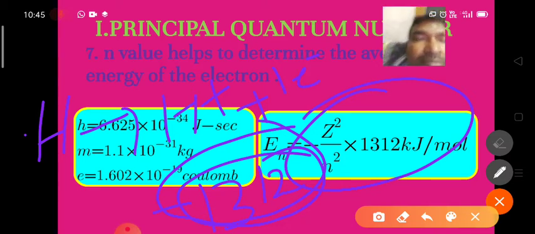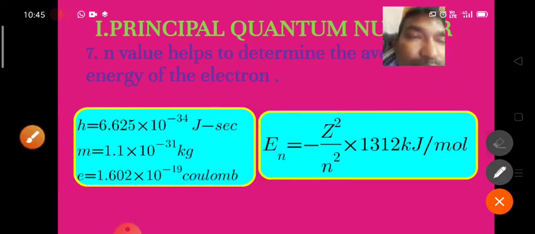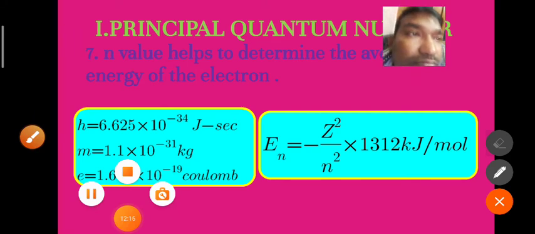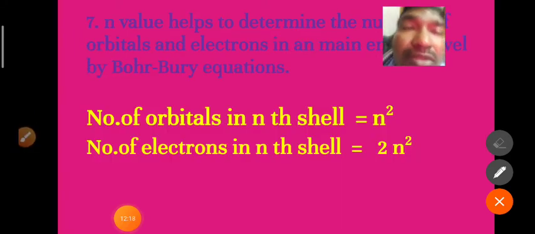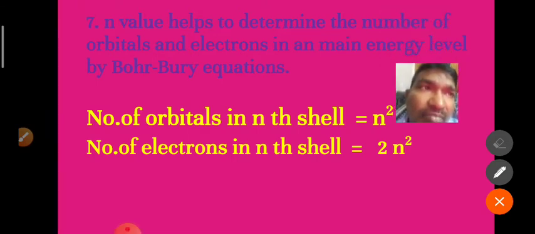And we can calculate the energy for the main energy levels of different species by using En is equal to minus Z square by n square into 1312 kilojoule per mole. Now, the small n value helps to determine the number of orbitals and the electrons in the main energy level.